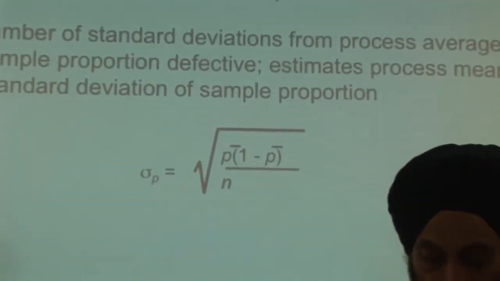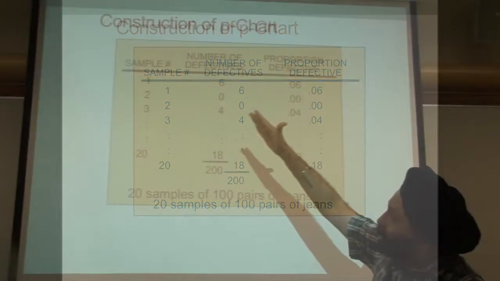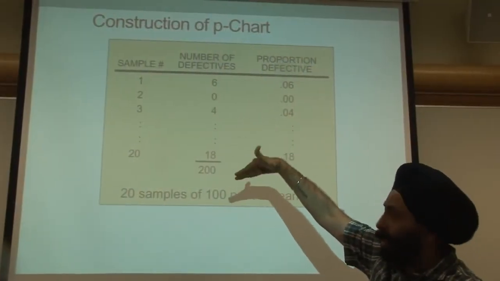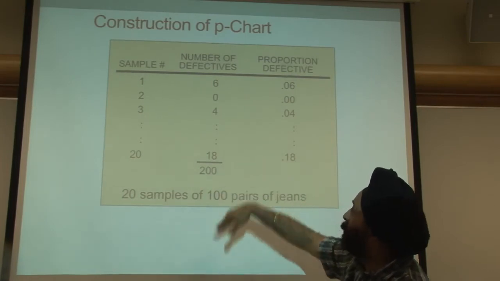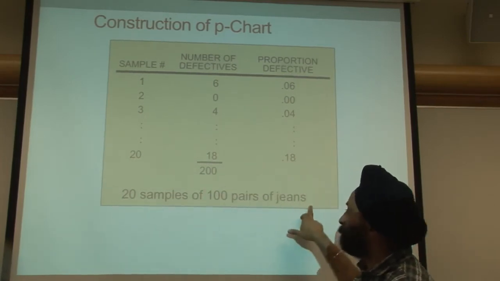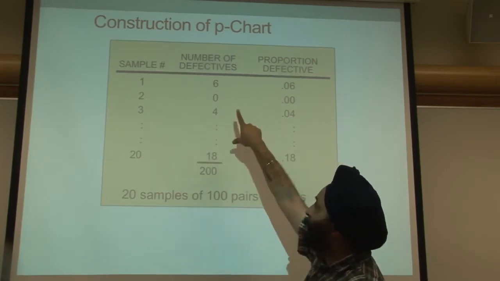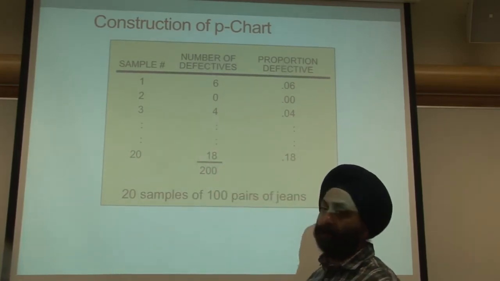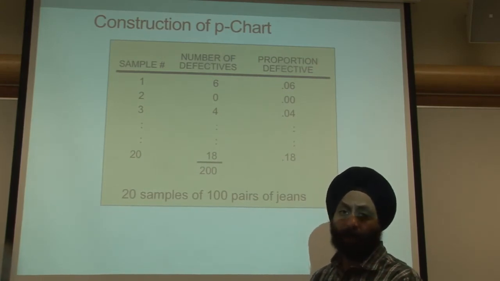In this particular case, let's take an example that is given in your textbook, where you have 20 samples, and the number of defectives is calculated. In this case, 20 samples of 100 pairs of jeans. In the first sample of 100 pairs of jeans, only 6 were found defective.